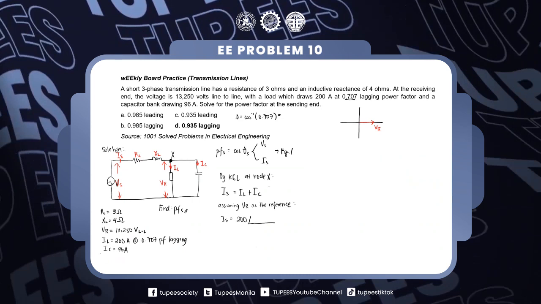Since it is a lagging power factor, the angle is negative. Plus our IC is 96 amperes. What is its angle? Of course 90 degrees, positive 90.